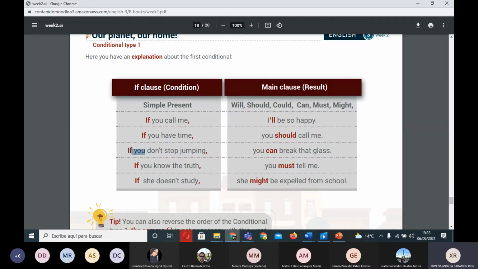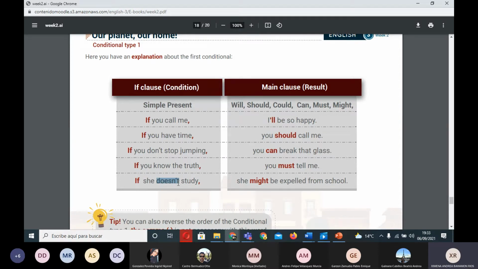In this case, because the subject pronoun is you, the auxiliary that corresponds is don't. And you know the truth, she doesn't study. Doesn't is the auxiliary that we use for the subject pronouns he, she, and it.